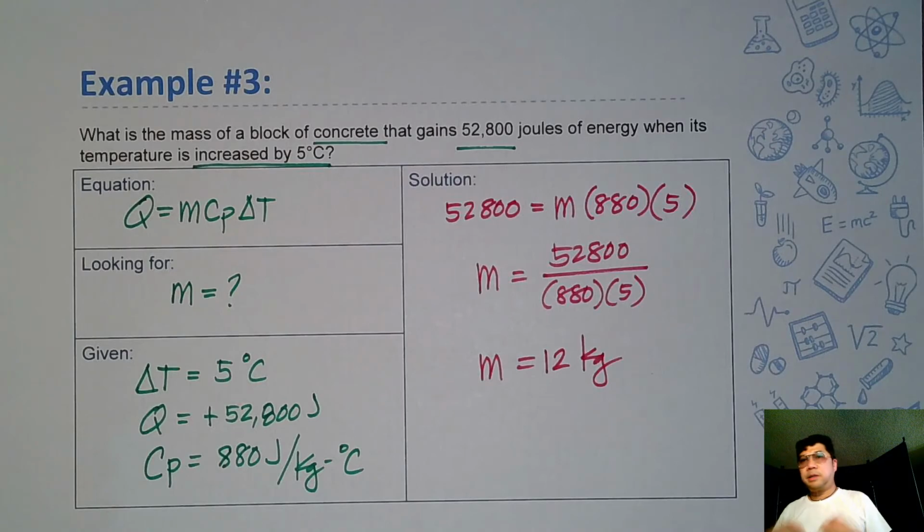This is one of the simplest problems that we have to solve as an example. So 12 kilograms is the mass of the concrete that we need in order to gain 52,800 joules at an increase of temperature of 5 degrees Celsius.